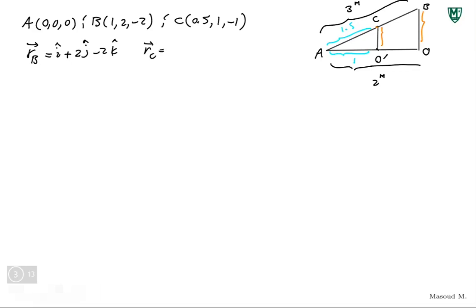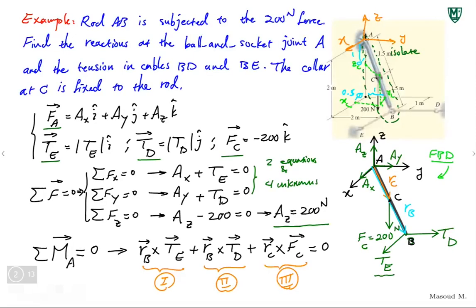RC, and now you see why I took the coordinate at point A, because it's the origin, so it's easy to find the position vector. If you wanted to find the moments about point B, it would have been easier if you put the coordinates at point B. So depending on where you put the coordinates, it makes sense to find the moments about a different point. If you had your coordinates at point B, the starting point for all the position vectors would have been 0, 0, 0.